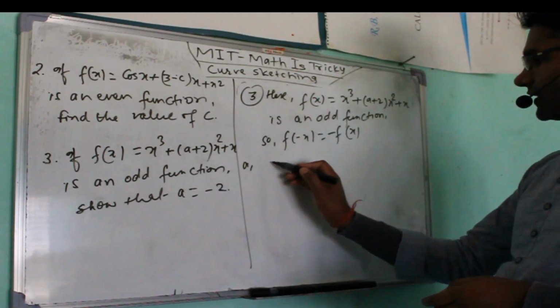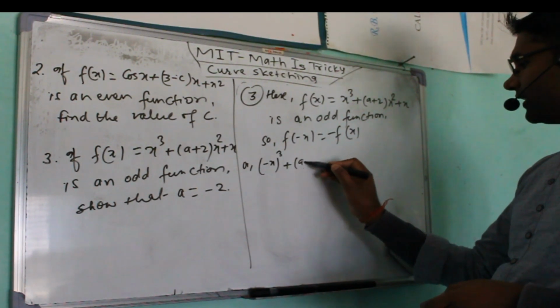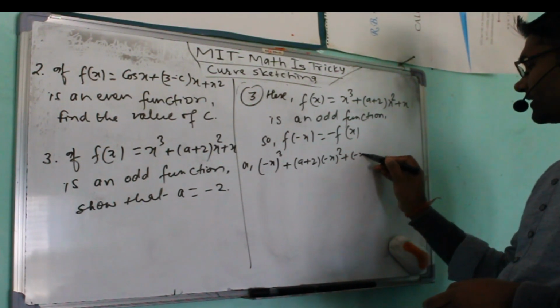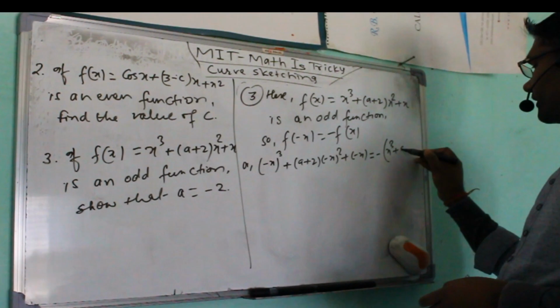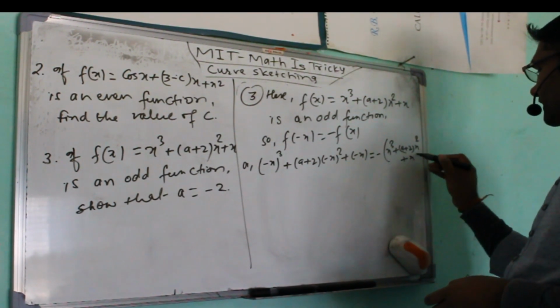So f(−x) means (−x)³ + (a + 2)(−x)² + (−x), and this equals −(x³ + (a + 2)x² + x), isn't it?